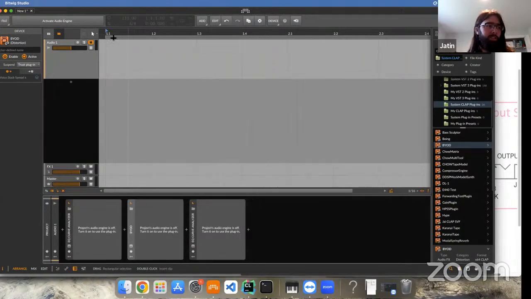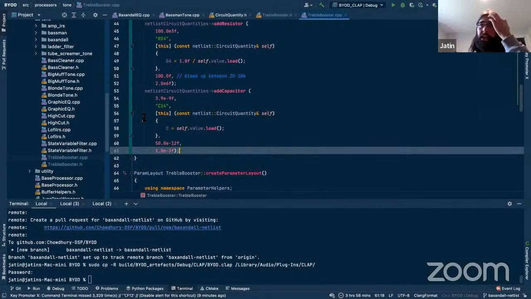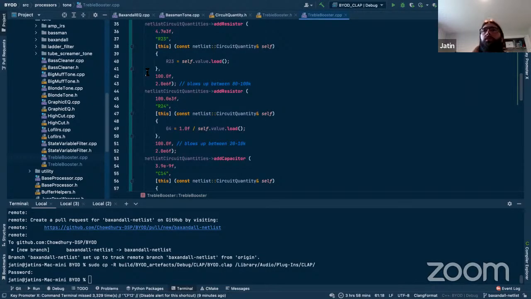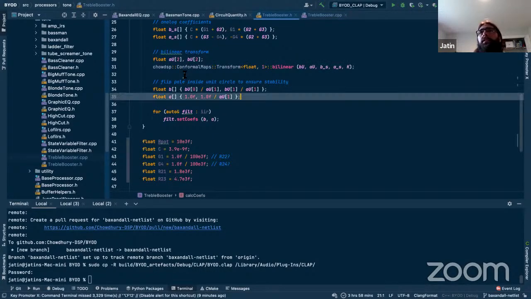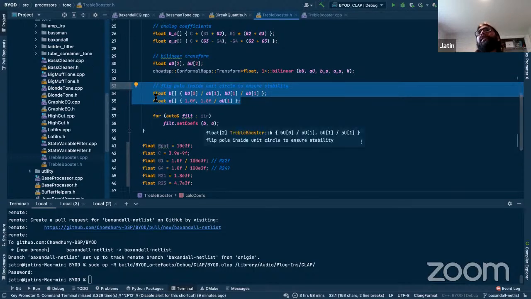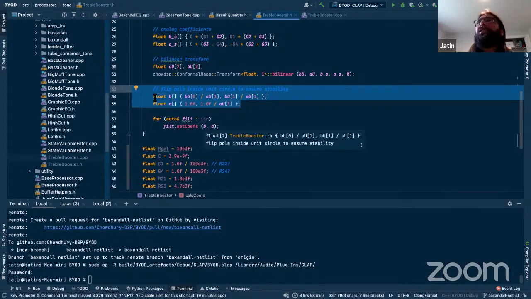Yeah, so the question, and I guess you could ask this about the capacitor as well, but the question for R23 and R24 is, does the instability happen because of this pole flipping? Right, so let's see.